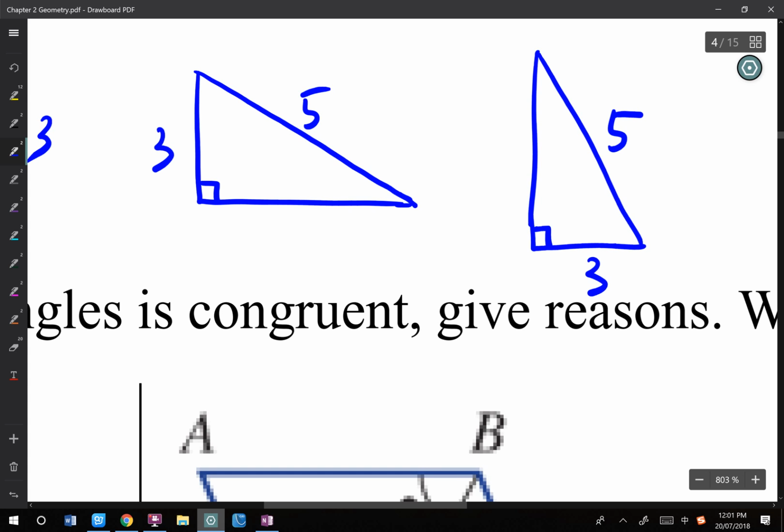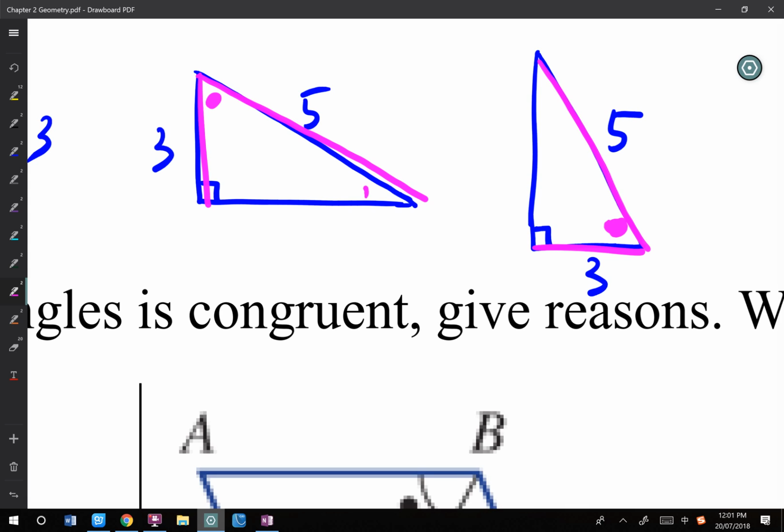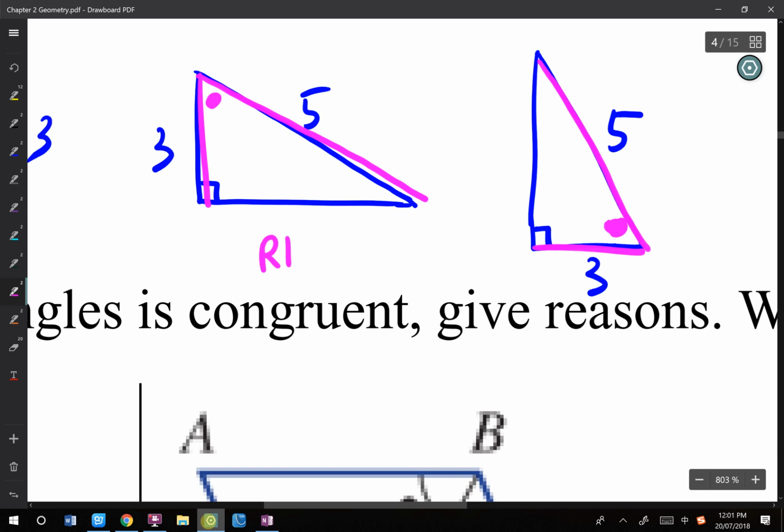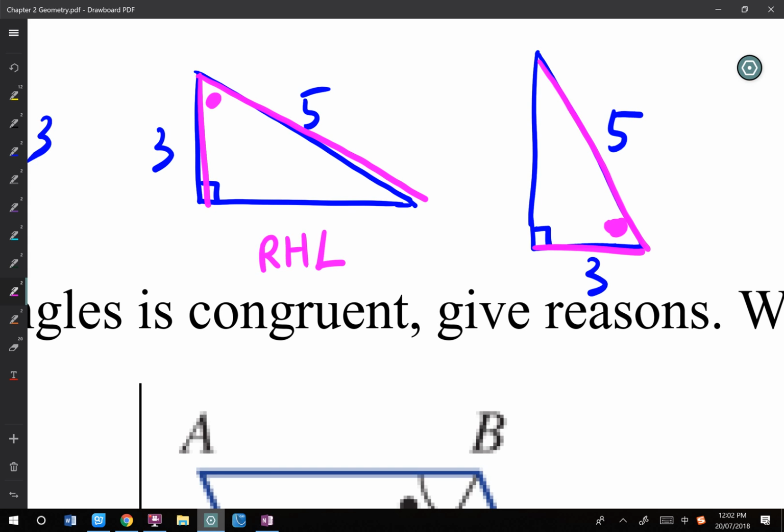So you can see 2 sides are given, but the given angle is not the included angle. The equal angle is outside, which normally shouldn't work, but in a right angle triangle it works. So this one is a special one, which is called RHL or HL. So it's right angle, hypotenuse, and length.